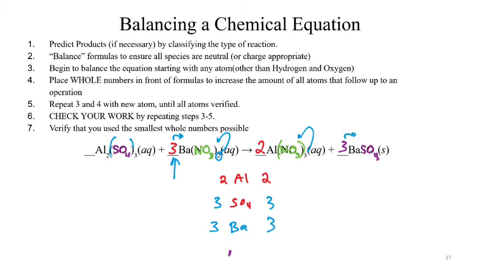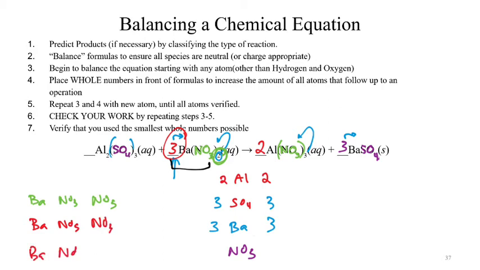How many nitrates? This gets fun. Let's take a look at this. BaNO3. How many NO3s are there? How many times does this show up? Everybody get that? I'm a little confused on the variant.